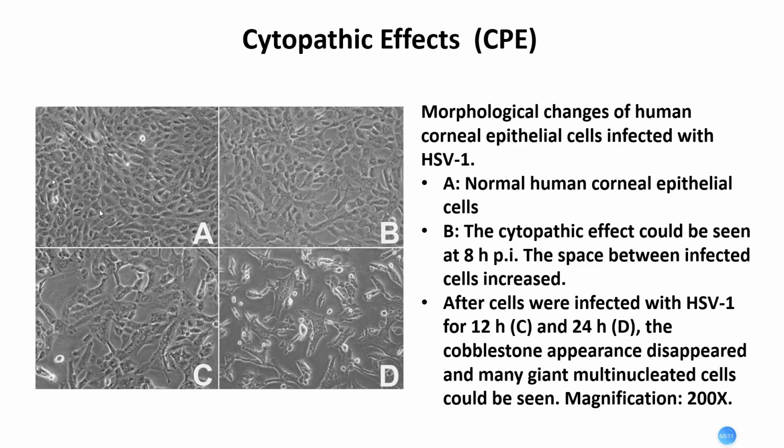In panel C, 12 hours. In panel D, that's 24 hours after infection. You can see that after infection, gradually, the cell's morphology would change. They would detach from the bottom, and some cells would die. The cytopathic effect.